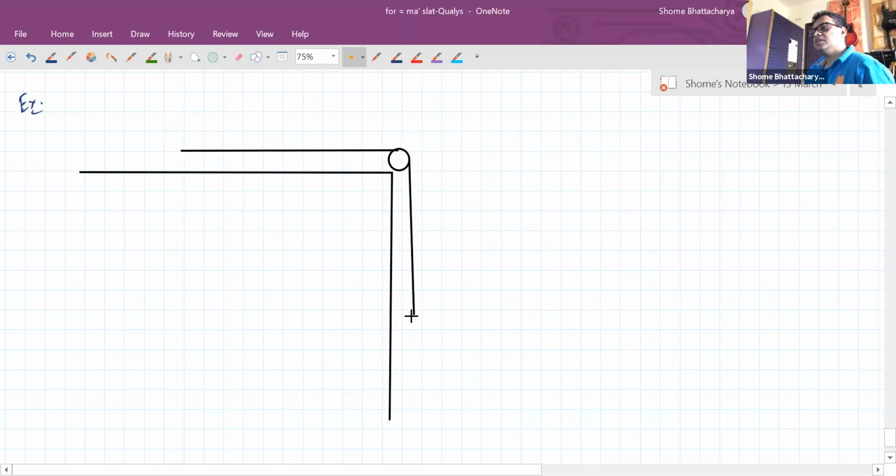So constraint relations that we've learned in Newton's laws earlier, that along with the concept of friction now added to it. Suppose we have this kind of a situation.